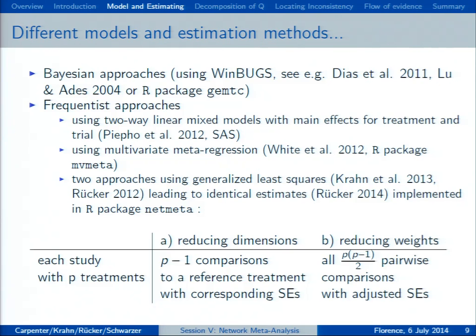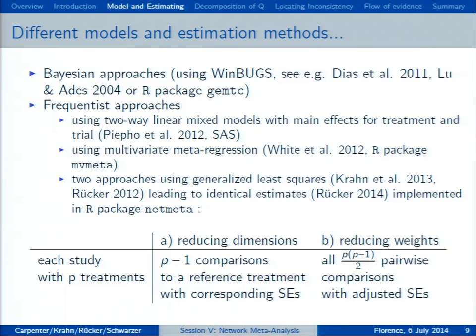And the first approach reduces the dimension. So each study with P treatments gives P-1 comparisons to a reference treatment into the analysis with the corresponding standard errors. And the second approach is an approach of reducing weights, where all pairwise comparisons of these multi-arm studies are analyzed and go into this model.